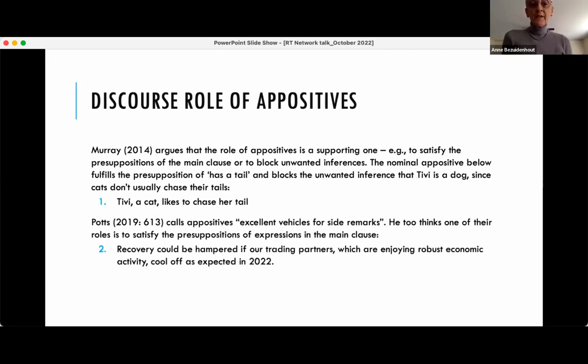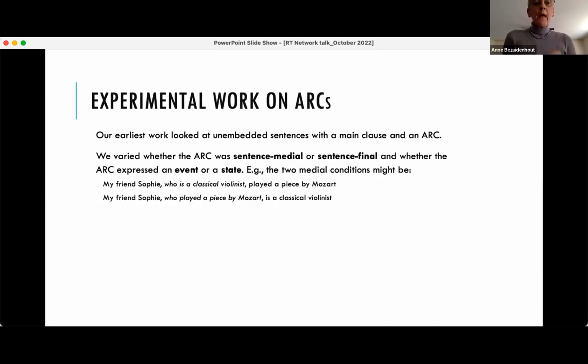Potts has a similar view of their role. They're excellent vehicles for side remarks, he says, and he also thinks one of their main roles is to satisfy the presuppositions of expressions in the main clause.